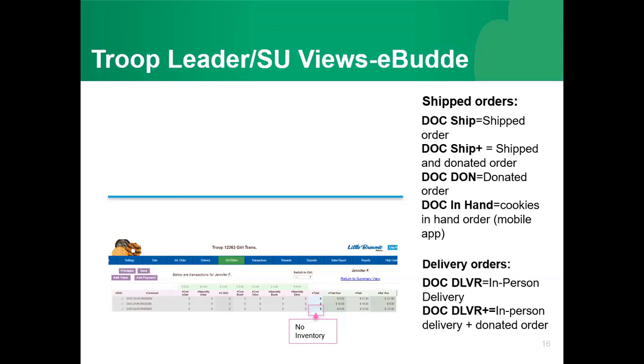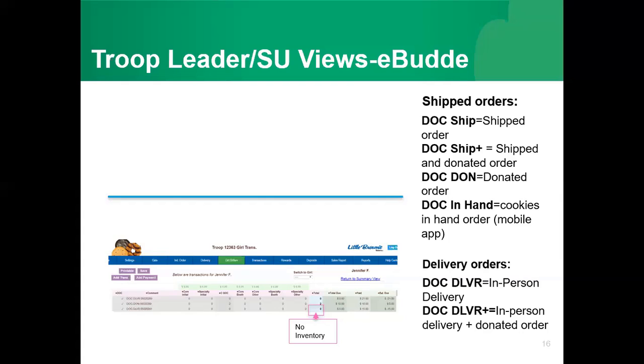It will then reduce the amount of money that the girl and her caregiver owe back to you, the Troop Cookie Manager, because she's taken those payments through the DOC link. Now, there are some troop leaders and parents who prefer to pay the troop leader through the DOC app, and that is okay.